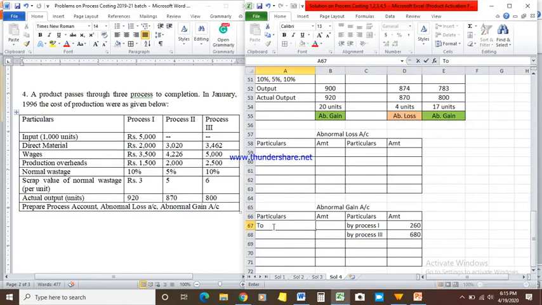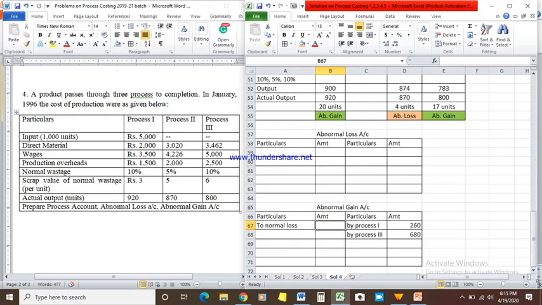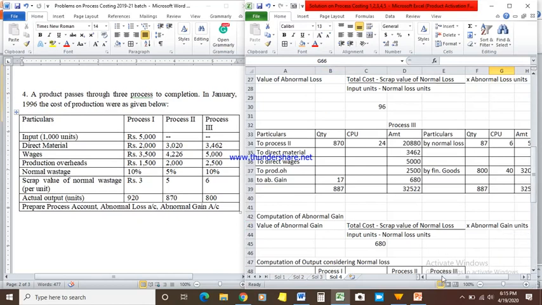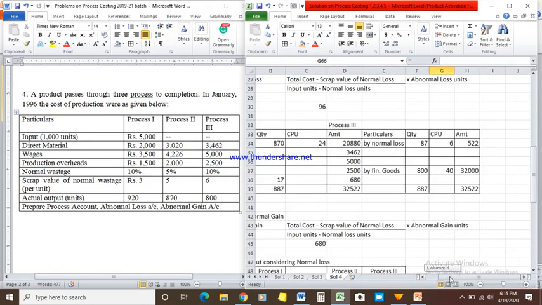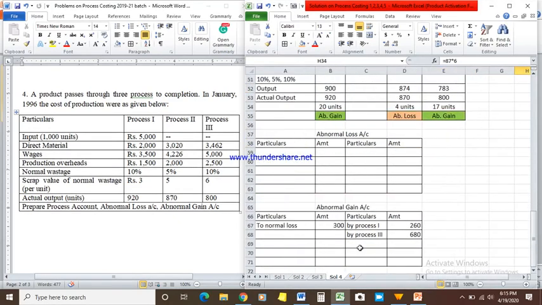So abnormal gain account debit side to normal loss from the process 1, that is 300 rupees. Similarly, in the process 3, again we have abnormal gain and there is a normal loss of 522. So this normal loss of 522 is also recovered from the abnormal gain account.